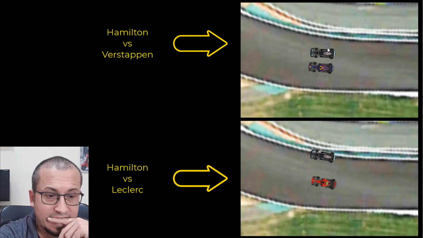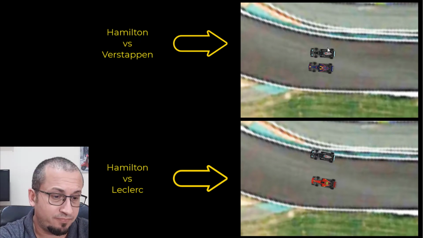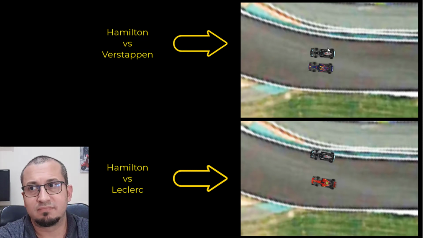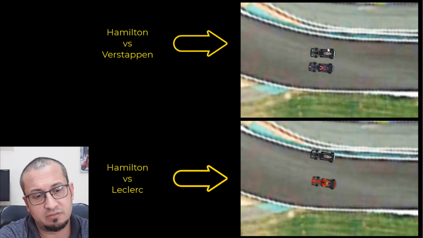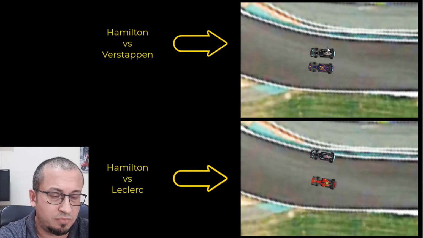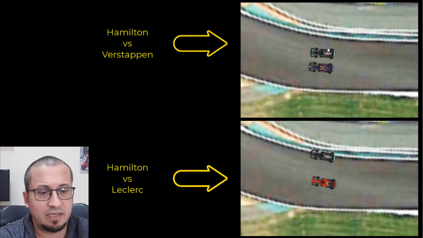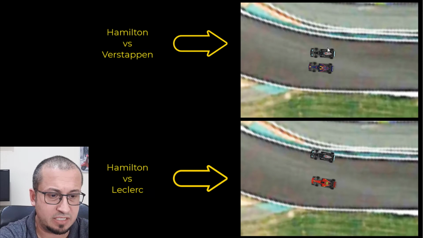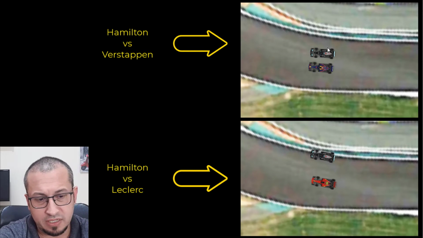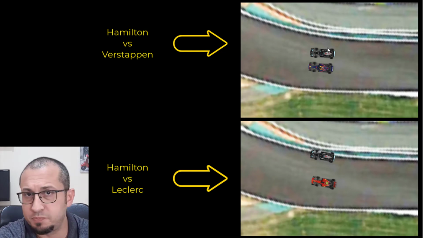But with Verstappen and Hamilton, really analyzing now, I don't see guilt from any of them. I see it as a race incident. Really, that's what's clear to me, because they both tried something different to get the first position.